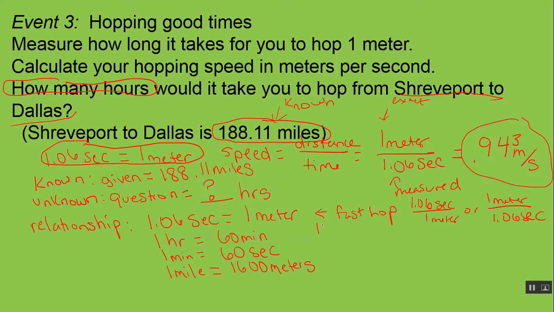We've also got 1 hour over 60 minutes, or 60 minutes over 1 hour. We've got 1 minute over 60 seconds, or 60 seconds over 1 minute. And then our last one, which I just gave you, 1 mile over 1,600 meters, or 1,600 meters over 1 mile.